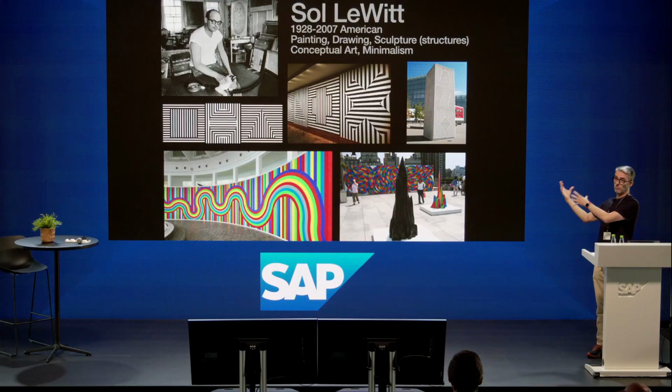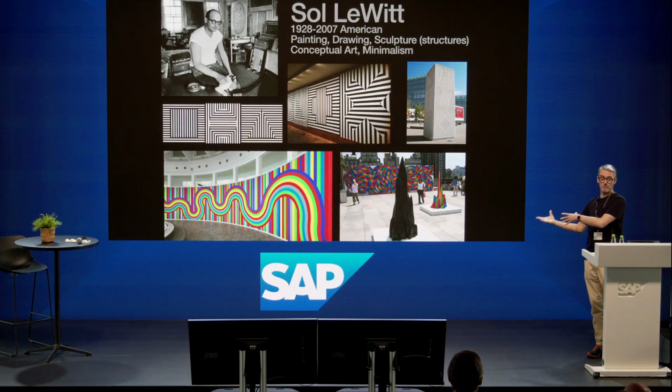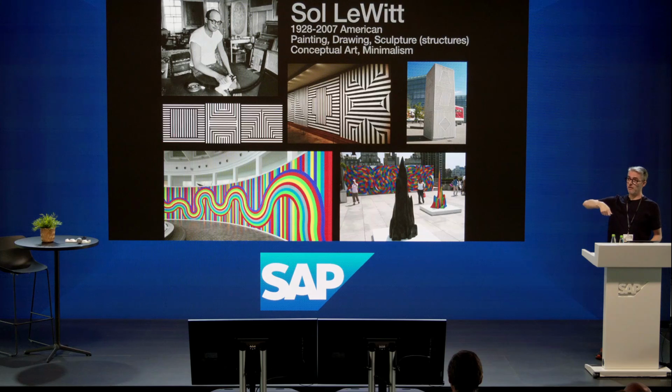So the painters went and painted the wall. Take one line, paint one line of each different color, and he had a list of colors, move whatever degrees, etc. So he did sculpture and painting.